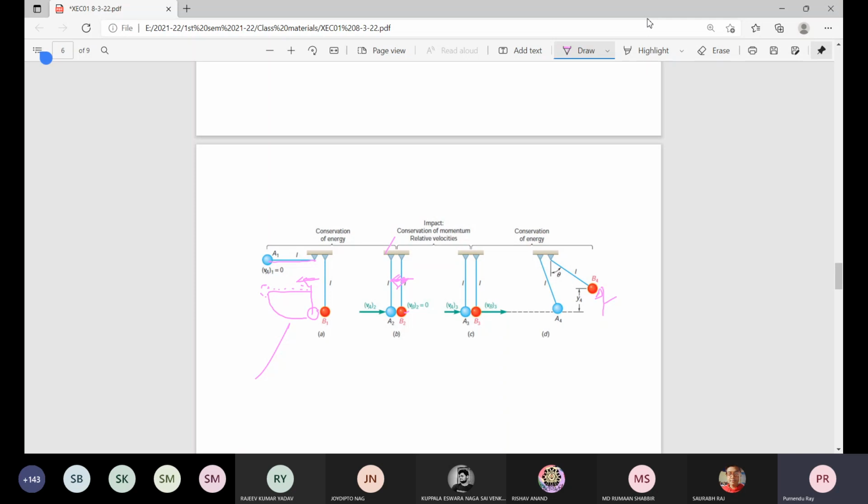Even if it reaches here and becomes horizontal, the height traveled may or may not be the same as this. It may swing further. So it depends on the situation, but primarily the total energy is to be conserved if it is perfectly elastic impact. So this kind of situation you have definitely handled earlier.